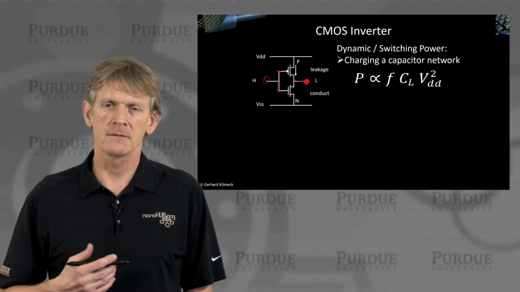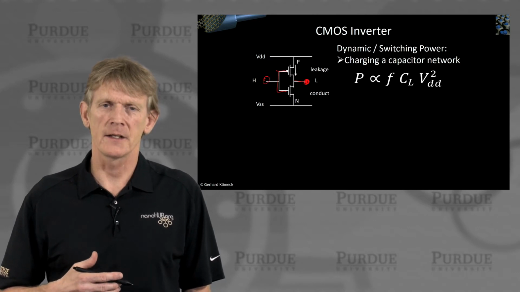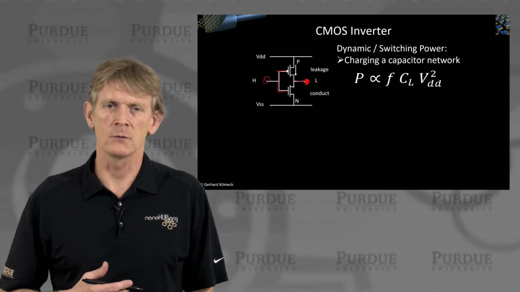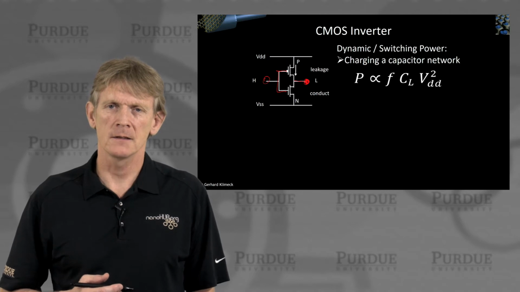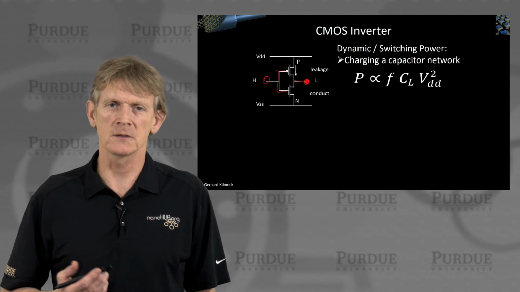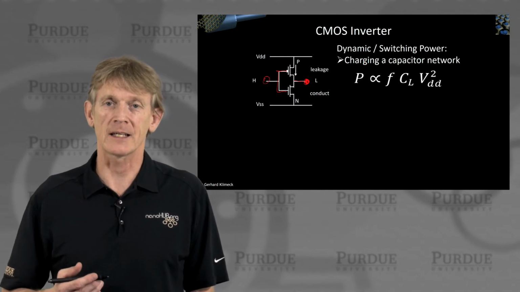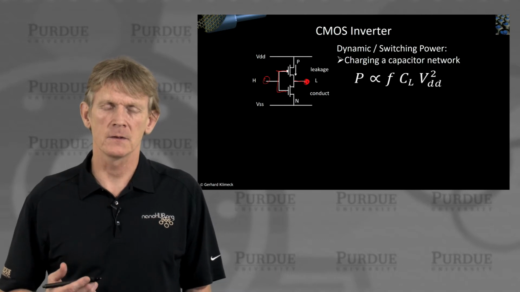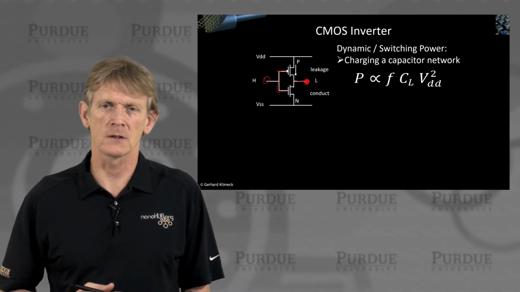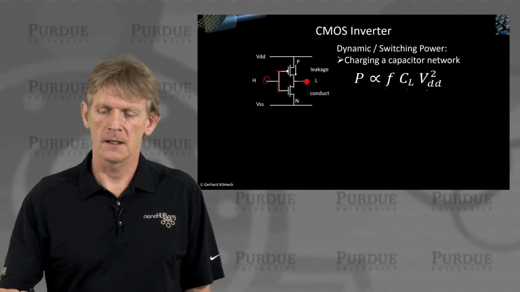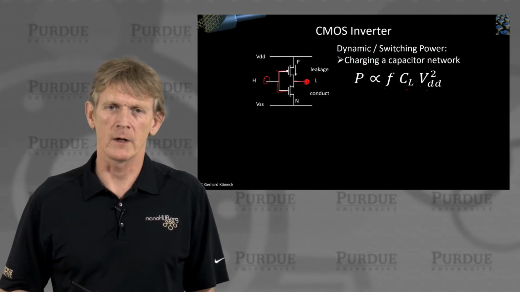So that power loss goes as the square of the applied voltage that you drop your charge over. The amount of charge goes with the capacitance, and the frequency is how often you do that per second. So the dynamic power, the active inverting of this circuitry, goes as frequency, capacitance, and supply voltage squared.